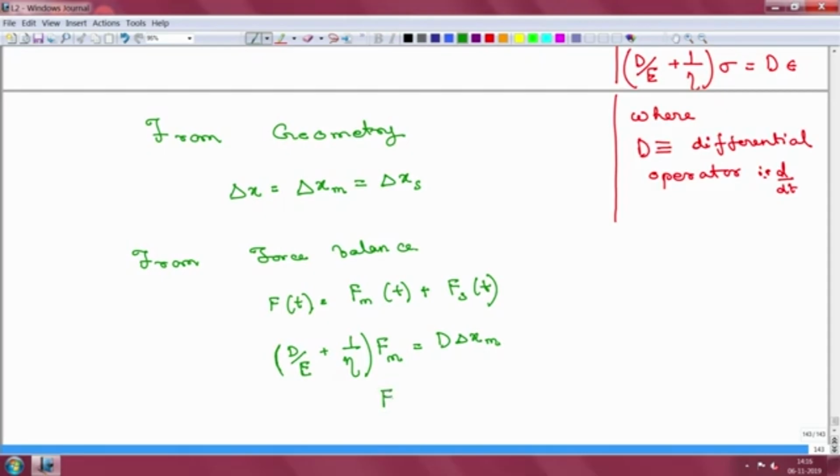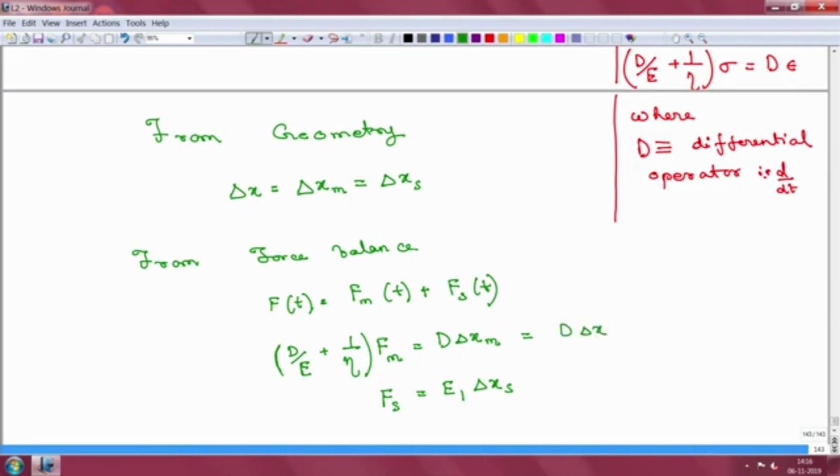Similarly, the force in the spring is E1 times delta xs, right, which is, by the way, remember please that this d is a differential operator.